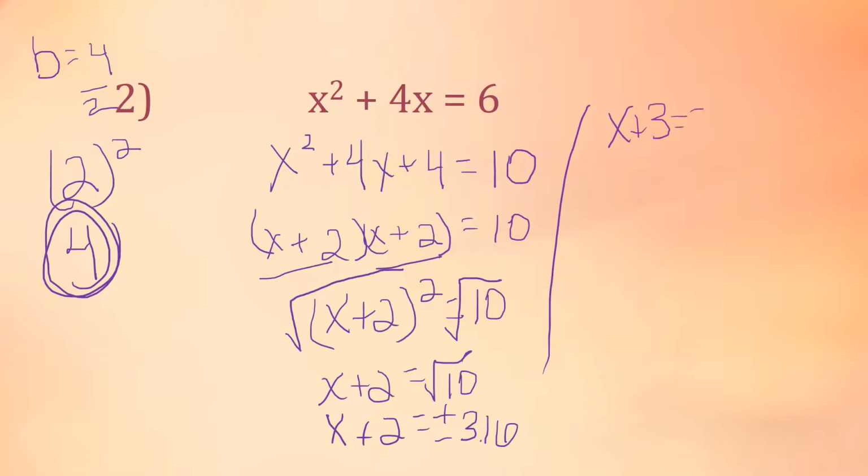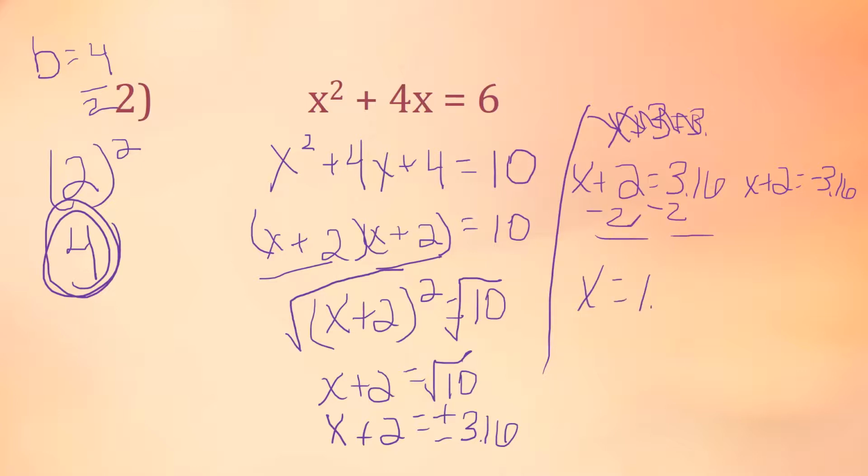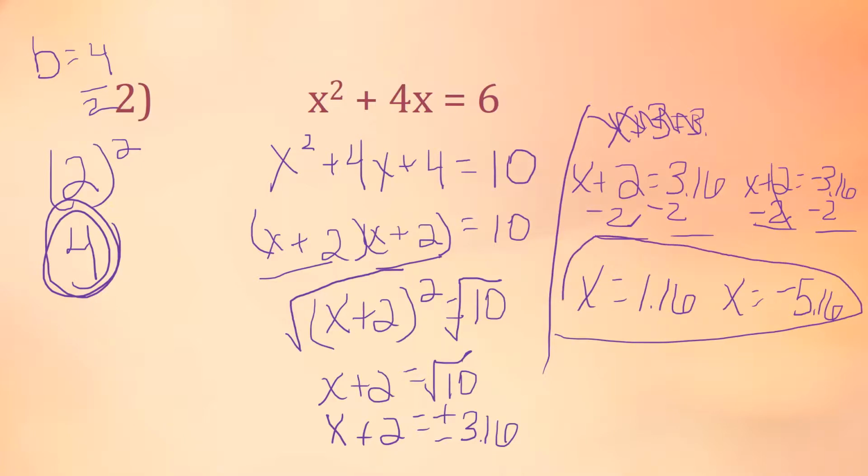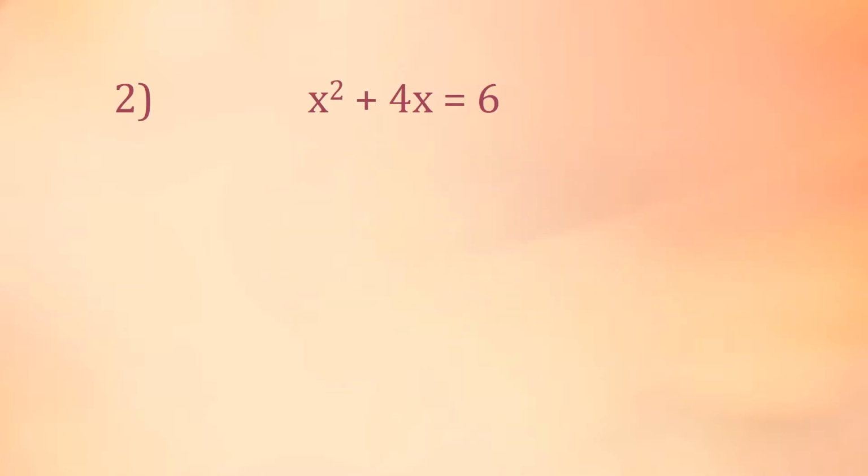So I have x plus 2 equals 3.16, and x plus 2 equals negative 3.16. Solve for x. And this is our solution. Something like this, I would definitely put it in the calculator and make sure you're getting the same answer.